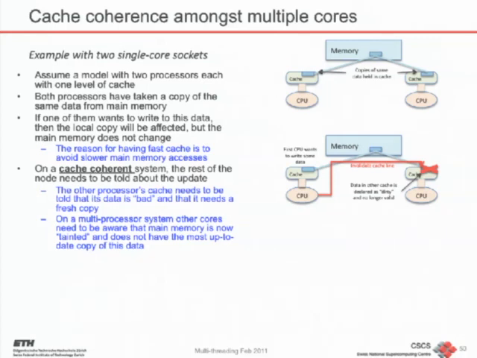Right, now, on a cache coherent system, we want to write to the main memory. We have to let the other socket know that there's a problem, that we're actually writing to that main memory. Otherwise, it's got a bad copy of the data, and we'll just both start writing random rubbish, basically, to main memory when we actually get round to it. So the other processor's cache needs to be told that its data is bad, or dirty, as it's normally called.